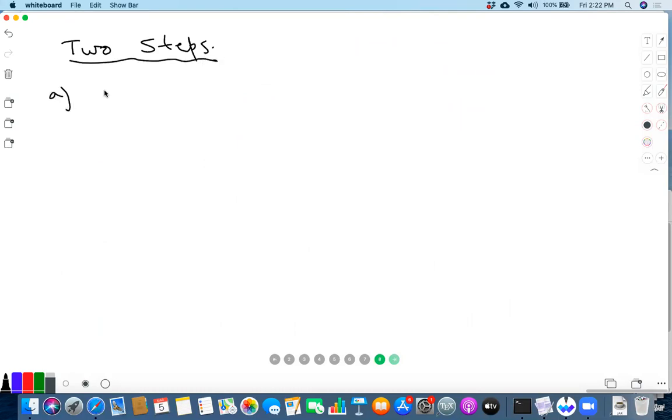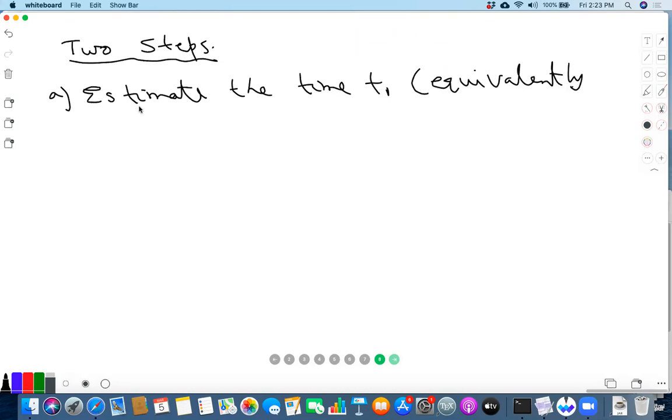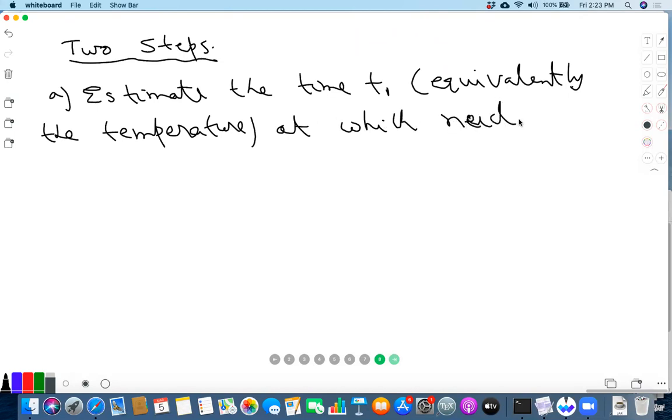The first step is to estimate the time t1, or equivalently the temperature, because the time-temperature relation of course is known, at which nucleosynthesis begins, or happens, because as I said, once it begins, it happens almost instantaneously.